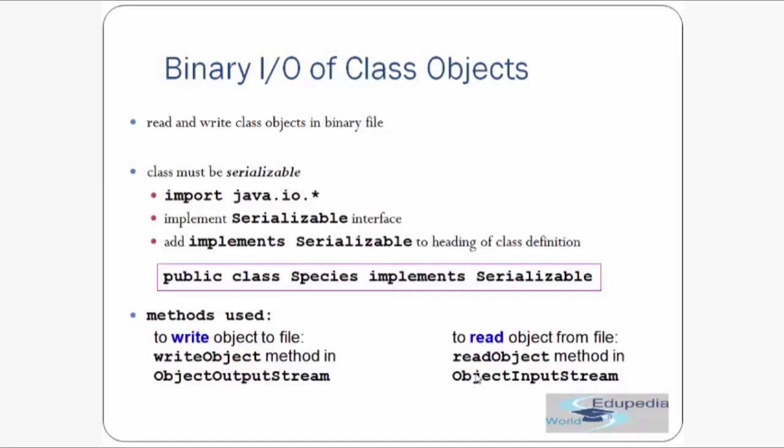This will make sure that your object will remain in the same state as it is right now, even after you read or write it after a long time. The method used to write our object is writeObject, a method of ObjectOutputStream. And to read the object from the file, we have a method called readObject, from ObjectInputStream.